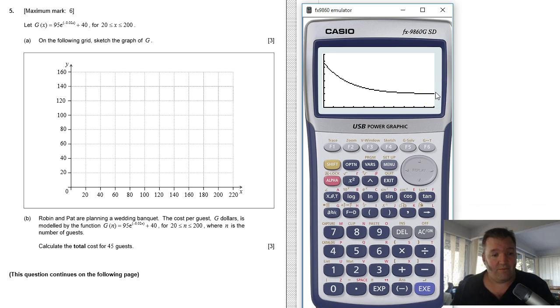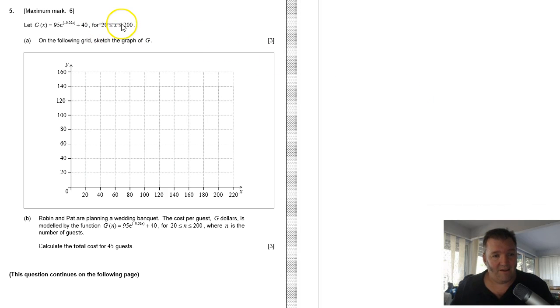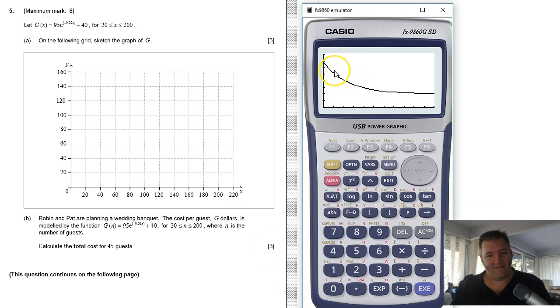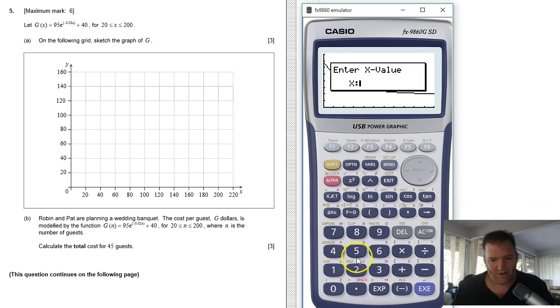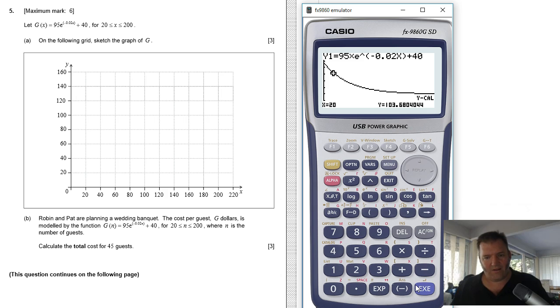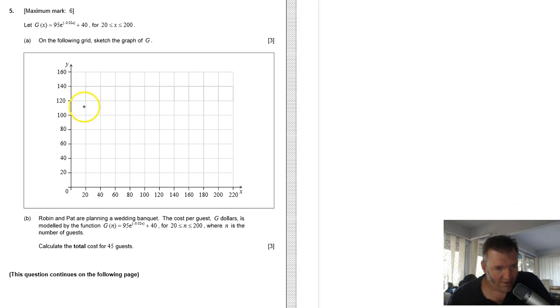We need to be careful though. This is defined between 20 and 200, but this graph is from 0 to 220. So let's calculate a few values. I want the y value when x equals 20, so I have a good idea where to start my graph, and it's about 103.68. So at 20, I'm just a bit over the 100 mark.